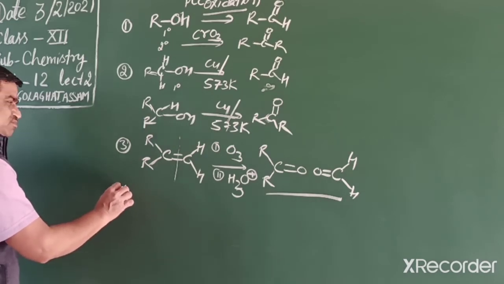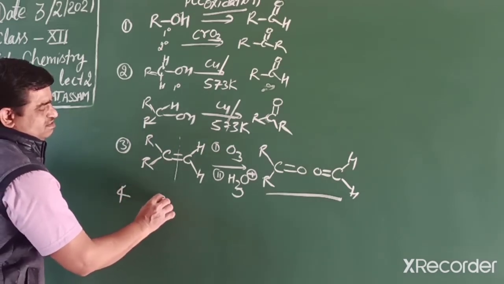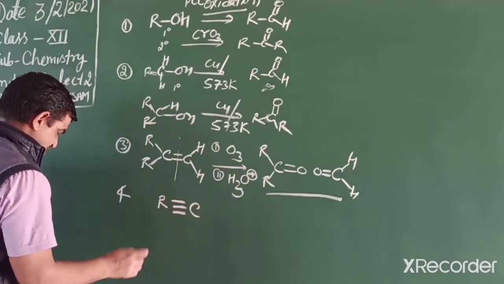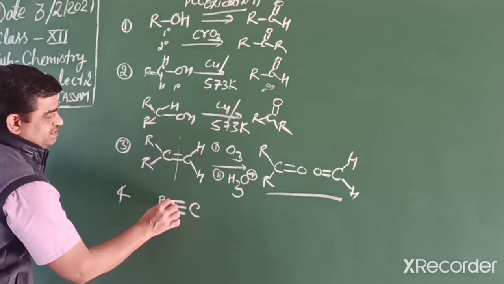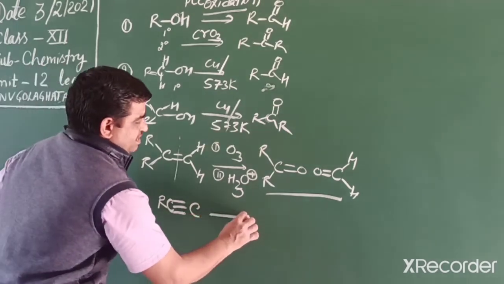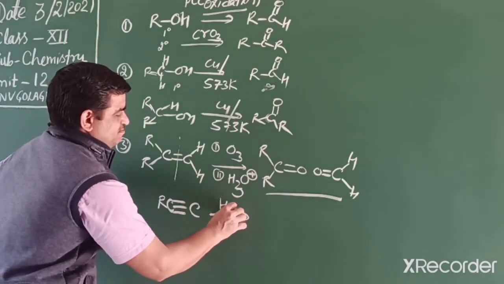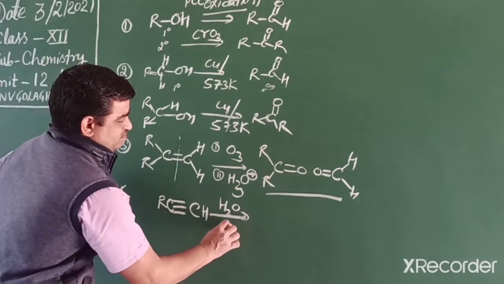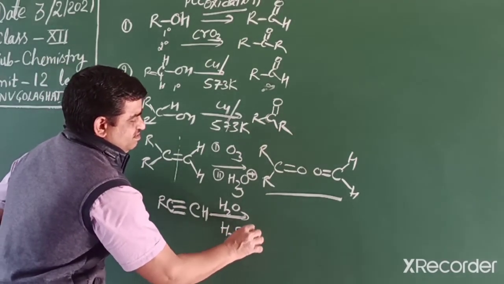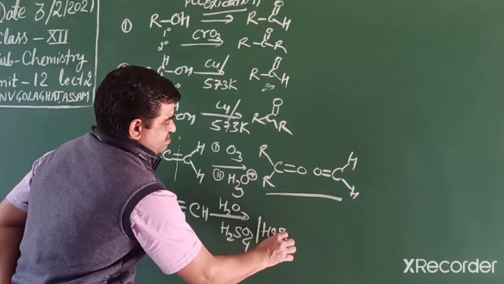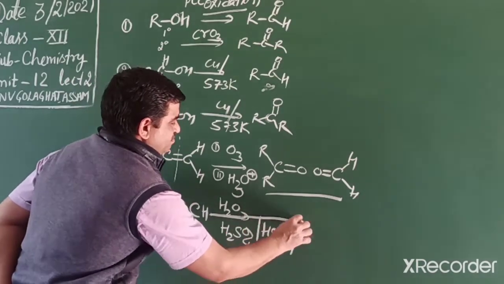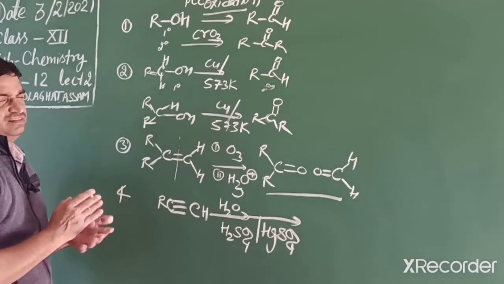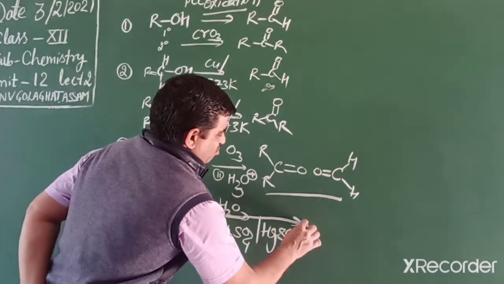Other one from alkynes. If the alkyne is ethyne, then addition of water in presence of sulfuric acid and mercuric sulfate. One mole of water is added, and we get aldehyde or ketone.